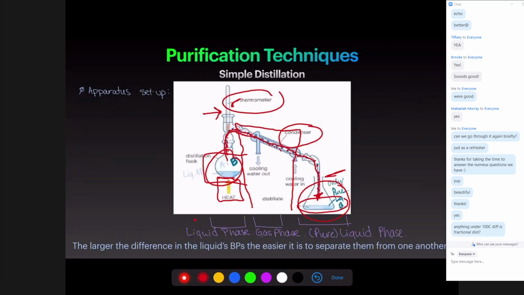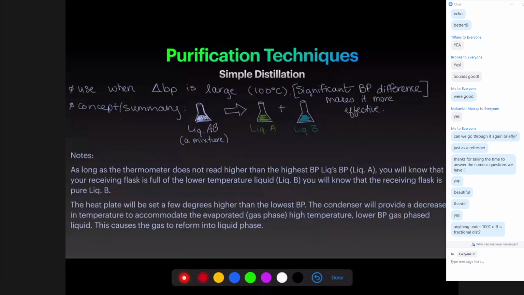It would be nice to know what your boiling point is for each liquid before you start, so that you can monitor and make sure that you're only getting the purest form of whichever comes through the receiving flask. The heat plate will be set a few degrees higher than the lowest boiling point, and the condenser will provide a decrease in temperature to accommodate the evaporated gas phase.